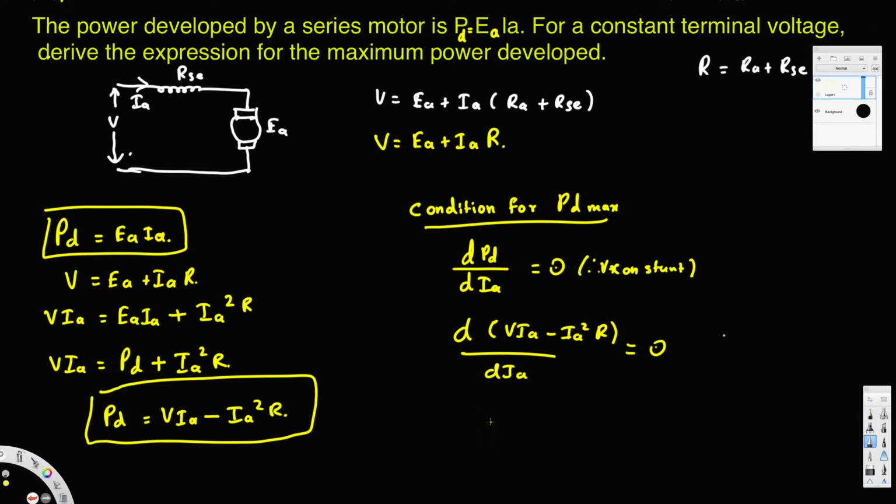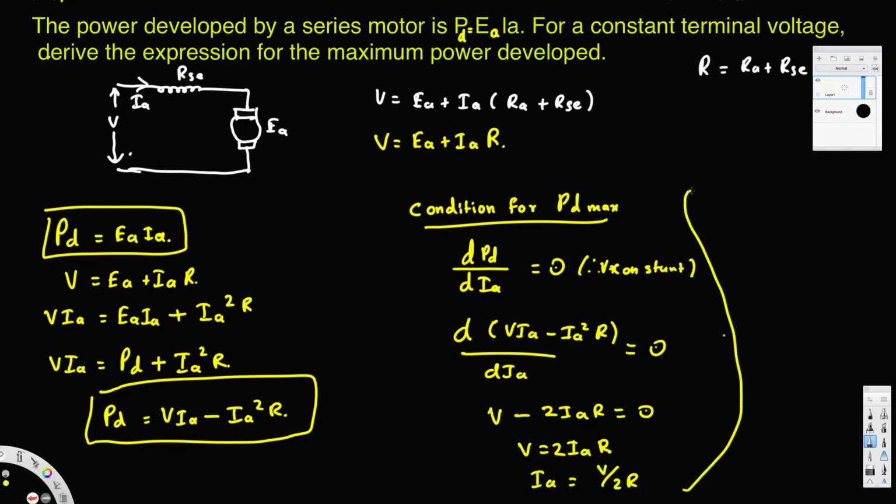Now if you take the derivative, since we are taking it with respect to IA, the first term will become V times 1, and here we will have 2IA times R. So this is going to be V minus 2IA times R, and that is equal to 0. Therefore V is equal to 2IA times R. Therefore IA is equal to V over 2R.